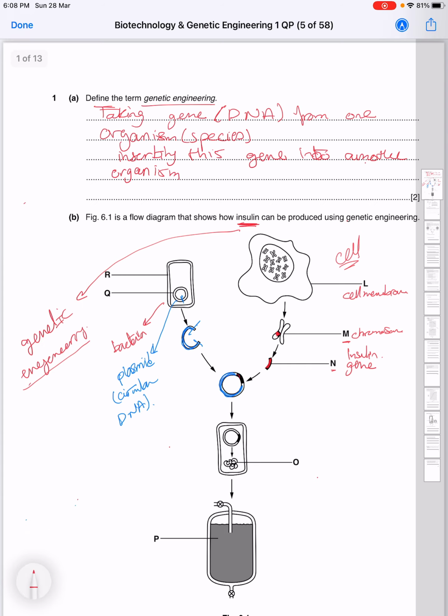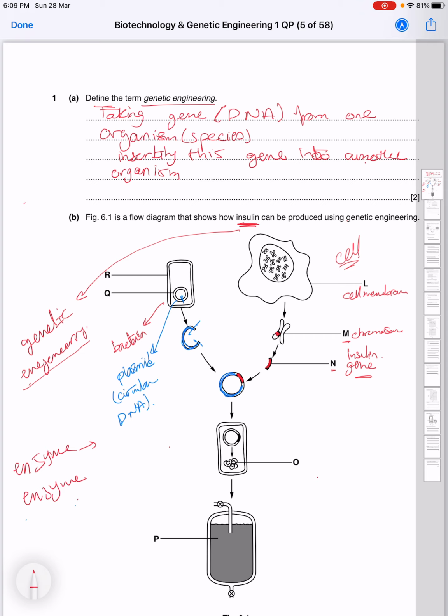So you're going to glue this gene inside this plasmid. How am I going to do this sticking or gluing? Using another enzyme. So I'm using an enzyme like a scissor, and another enzyme like glue to attach this insulin gene into the plasmid.